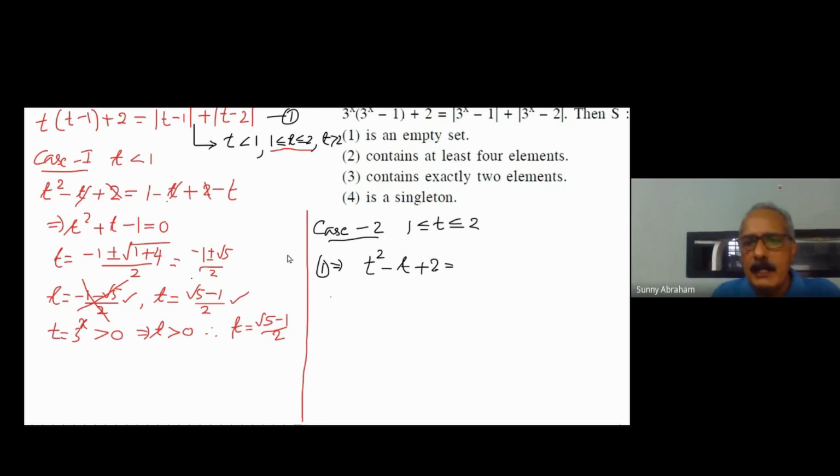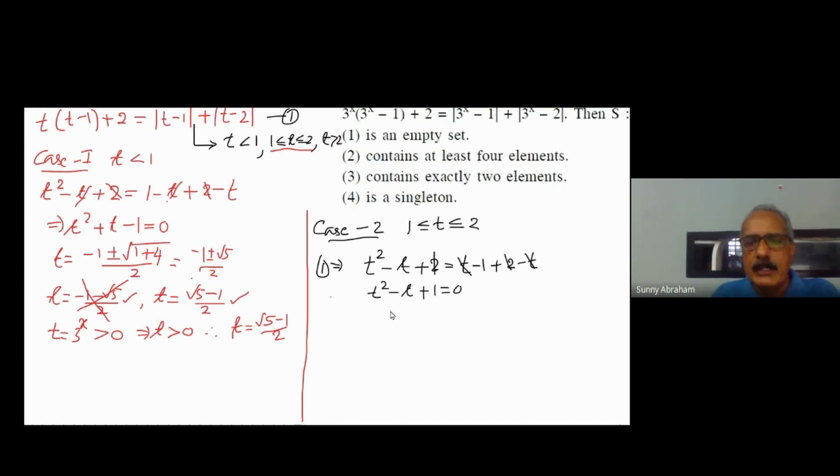So the right side becomes t − 1, that's positive, plus 2 − t, because t − 2 is negative, so 2 − t will be positive. From here, t and t cancel, and 2 and 2 cancel from both sides. So t² − t + 1 = 0.